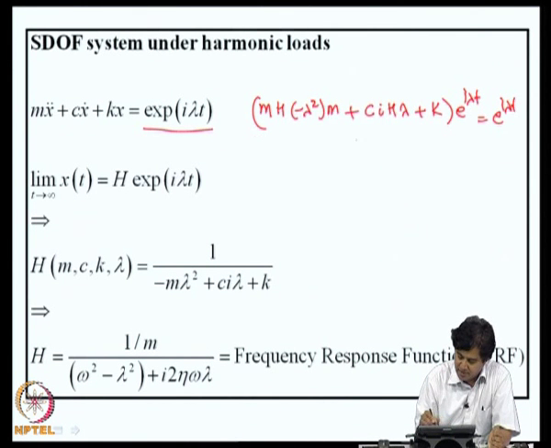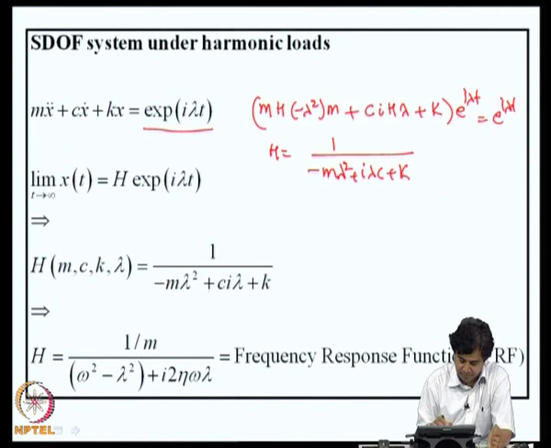Consequently, this function h, which is the amplitude, will be 1 divided by (minus m lambda square plus i lambda c plus k). So, this is the amplitude of response in steady state.